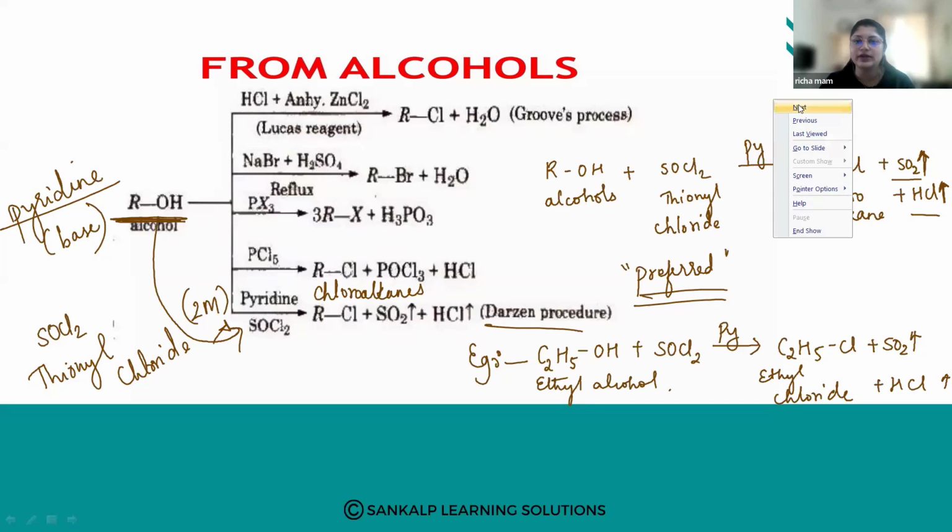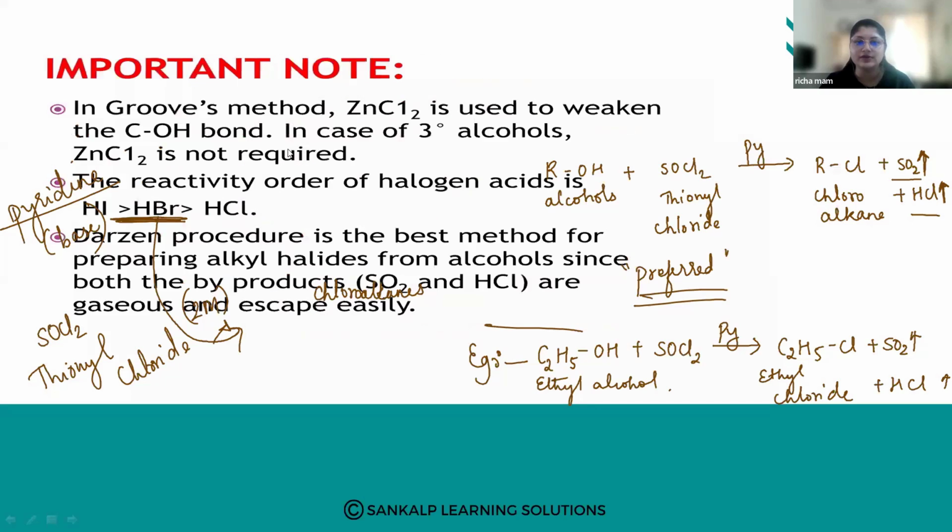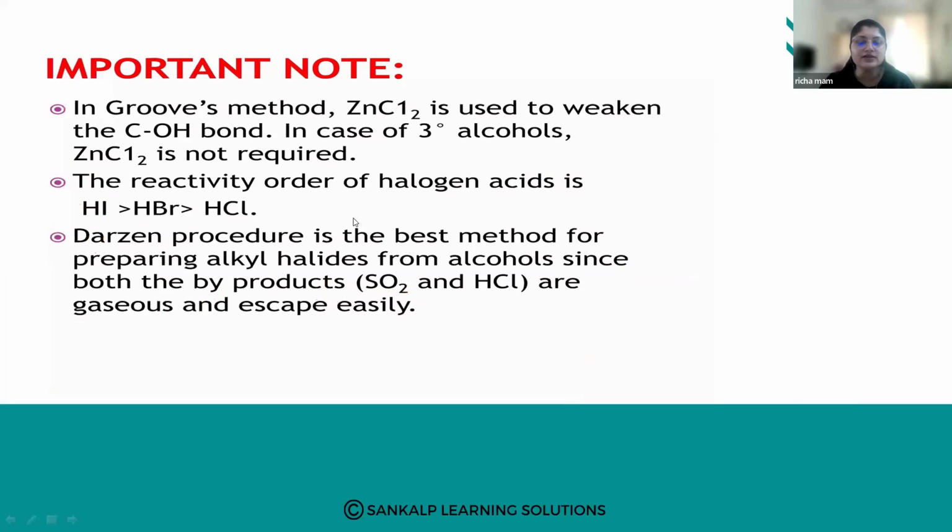Okay, so let us go for the notes. In Grove's method, zinc chloride, that is ZnCl2, is used to weaken the C-OH bond. In case of tertiary alcohol, zinc chloride is not required.